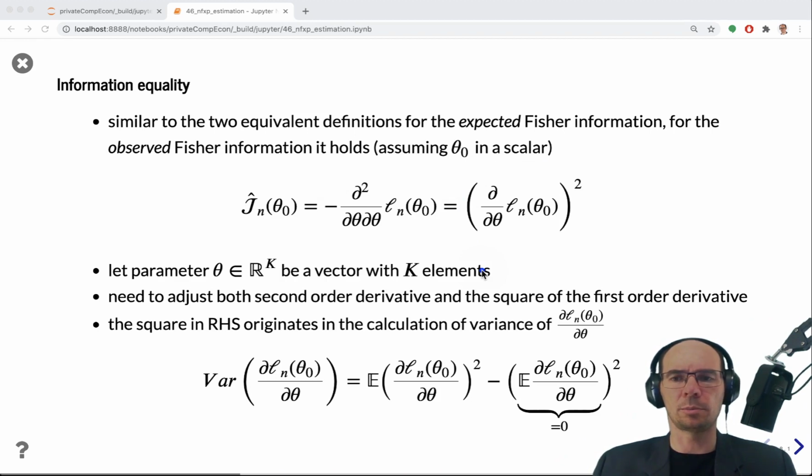That's not completely straightforward, but we may have to go back a couple of steps in the derivation of this equality. I can tell you that it originates in the calculation of the variance of the scores, the first derivatives of the log likelihood function. And as many of you know, the variance can be expressed as the difference between the expectation of the square of the random variable and the square of the expectation.